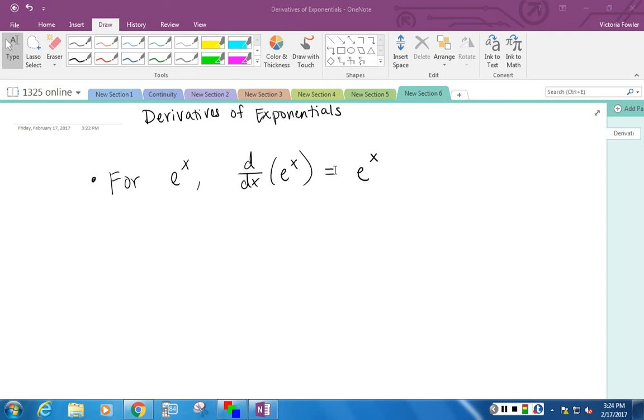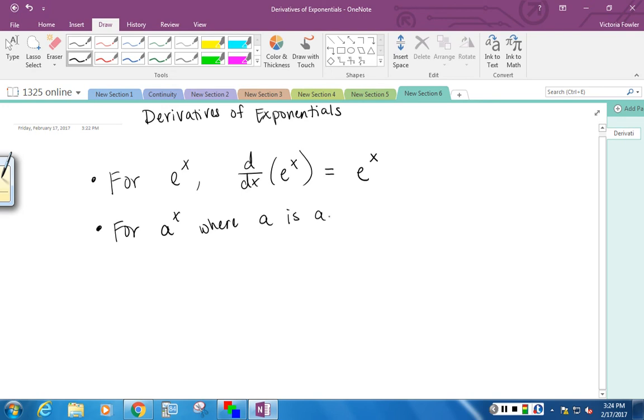The rate of change of an exponential is an exponential itself, okay? Let me write down the rule here for a to the x, okay? So this is where a is a positive constant, and a is not 0, okay?